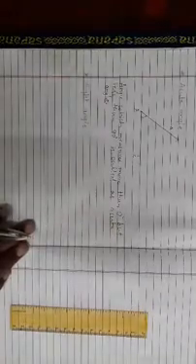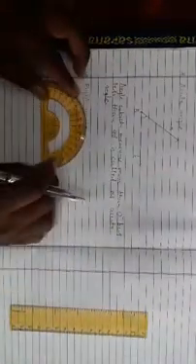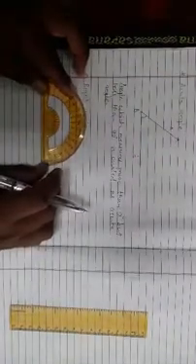Here I am drawing the figure with the pen so that you will be able to see it clearly, but you have to draw all the figures with the pencils. Here with the help of this protractor I am going to draw a right angle for you.